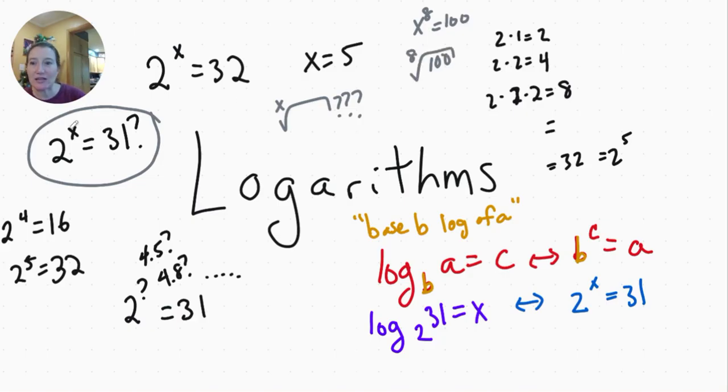If you ever feel like you want to take the xth root because the x is in the exponent, that means you mean a logarithm. Right? But logarithm problems appear in ways that don't have anything to do with solving for the number that's in the exponent. For example, sometimes I could pose an equation like this. Let's say the base 2 log of x equals 3. And my job is to solve for x.